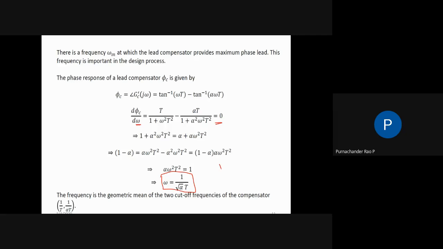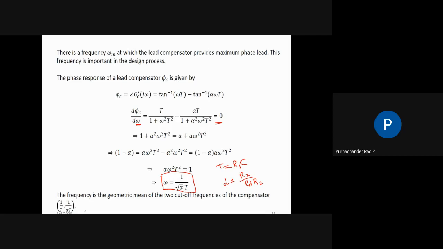Here t can be obtained from the parameters itself. t is the time constant of the system, R1 into C, and alpha is equal to R2 divided by R1 plus R2. Here the frequency is the geometric mean of the two corner frequencies of the compensator, which are 1 by t and 1 by alpha t.